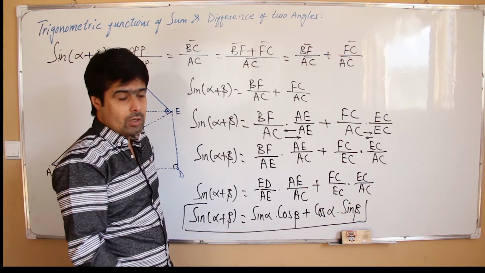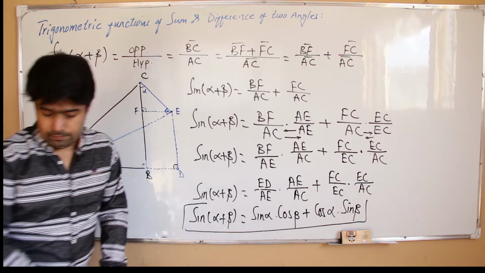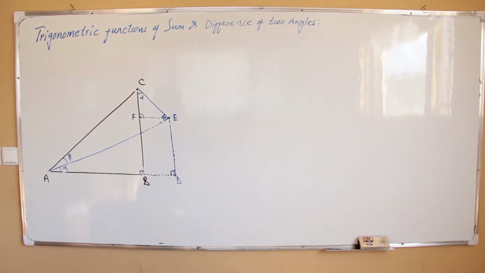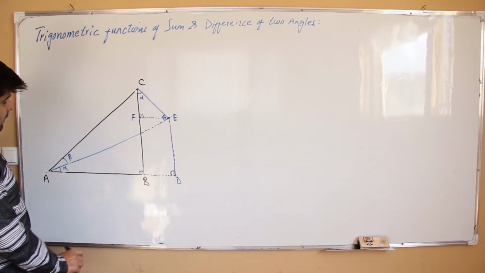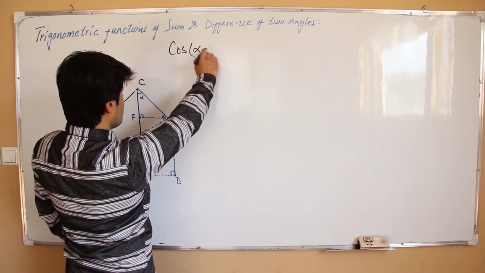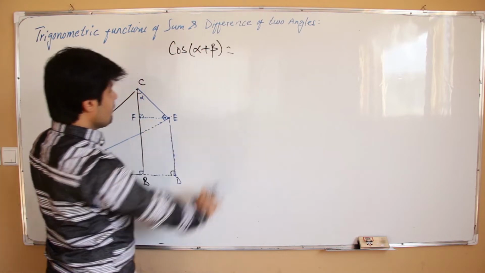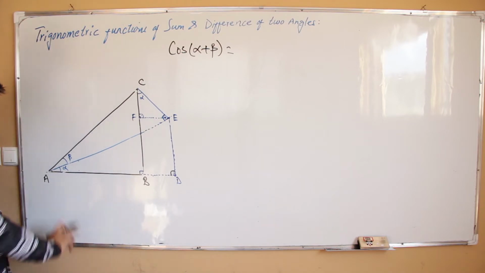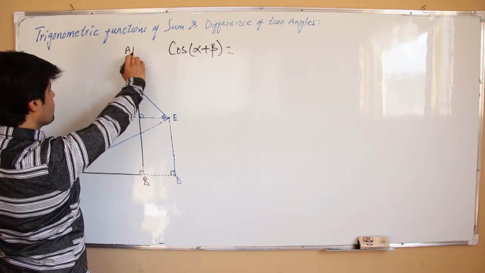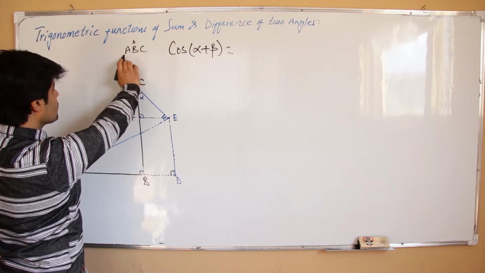I think you have got it. Write it. We will go on to cosine. By the way, cosine of alpha plus beta is defined in the ABC triangle.